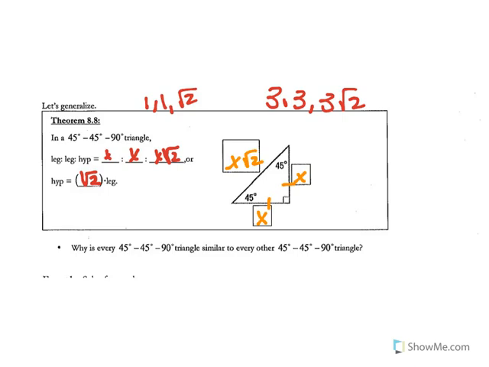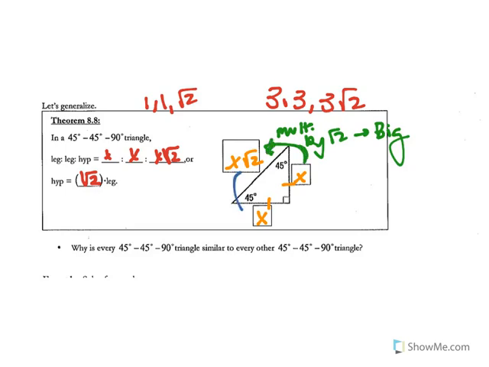A quick thing that I like to note is that if you are going from the leg to the hypotenuse, you're multiplying by root 2 because we want it to be bigger. The hypotenuse is bigger than the leg, so to go from the leg to the hypotenuse, we want to be bigger.